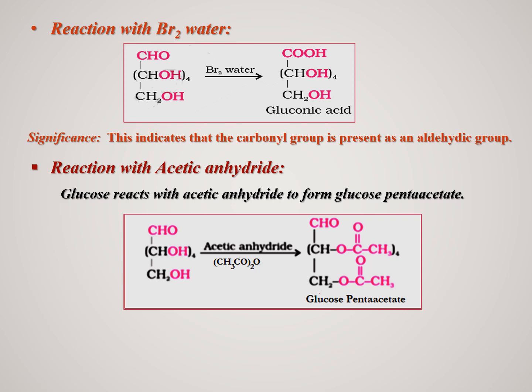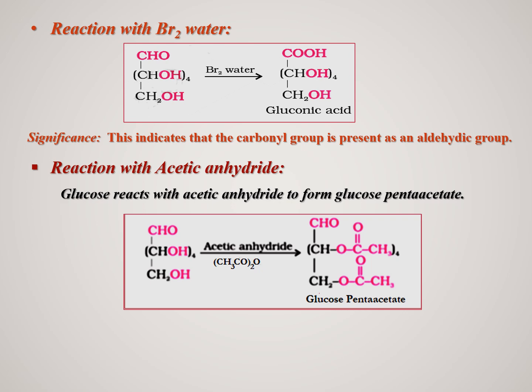So when glucose was reacted with acetic anhydride, the product called glucose pentaacetate was obtained. This confirmed that glucose has 5 hydroxyl groups, OH groups, because you are getting the pentaacetate product.